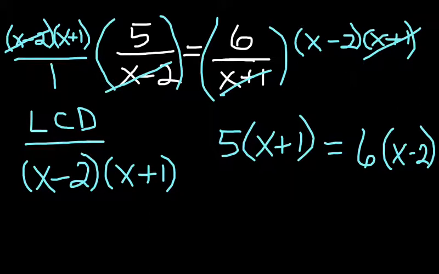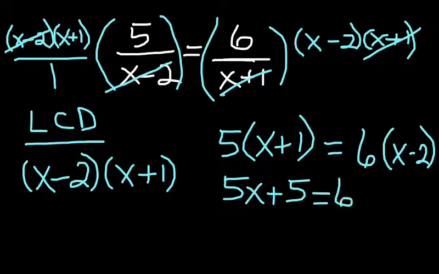We'll distribute: 5x plus 5 equals 6x minus 12. Distributing the 5 on the left, the 6 on the right, and now we just solve a regular linear equation. I'm going to move my x's over to the right side, and I'm going to bring my numbers to the left.